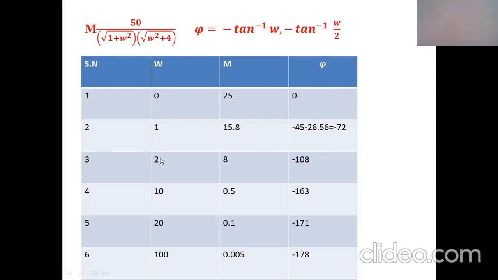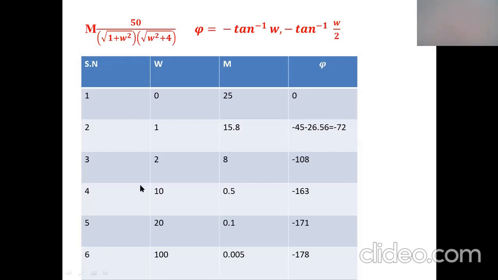I can just check another column here. If omega is equal to 10, for instance, then definitely we're going to have 101 and 104. So it is 50 divided by root 101 multiplied by root 104.